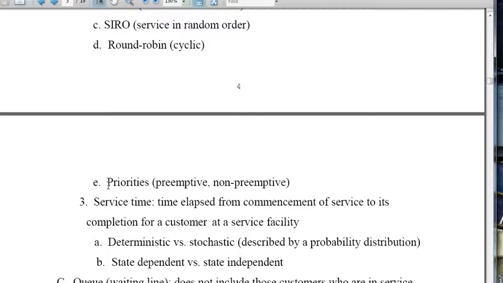A patient who has a heart attack has higher priority than a patient who probably just has a headache, and so on. Priorities can also be preemptive: if a very urgent case comes in, it preempts the lower class level. Or non-preemptive: you finish the job you're doing and then you give high priority to the more urgent customer next.